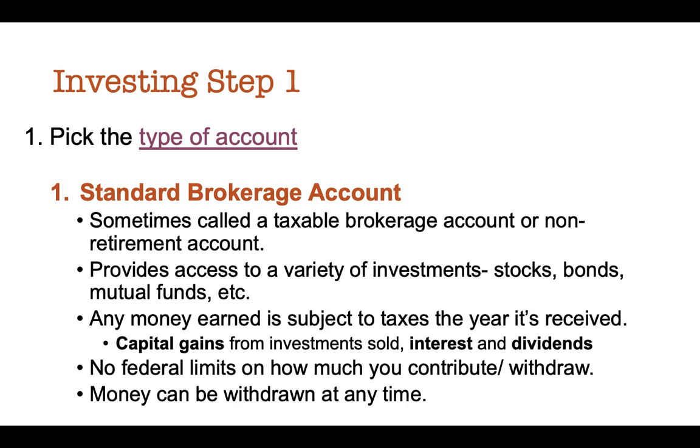You've made a capital gain of $20, that $20 is going to be taxed in that corresponding tax year. Interest earned from your investments is also subject to taxes, and those dividends. So dividends from the company, even if you don't sell the stock, if the company pays you a dividend, that's going to be taxable as well.